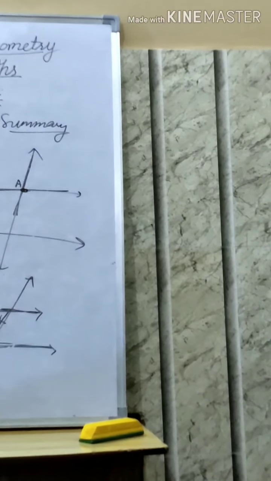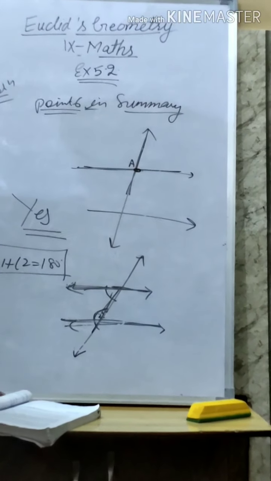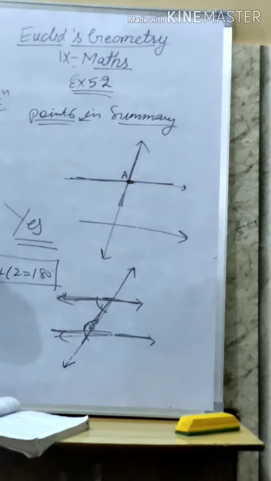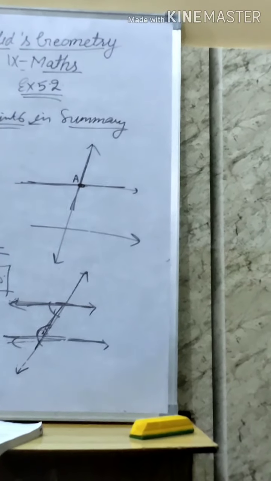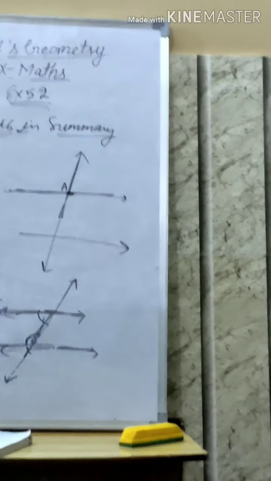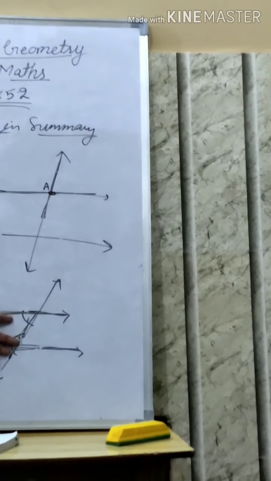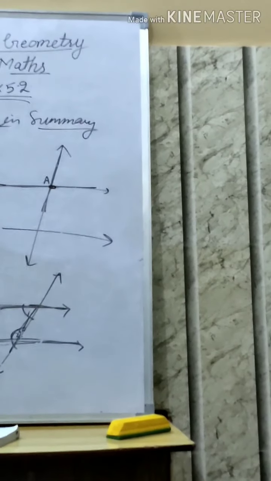So my dear students, he is asking: does Euclid's fifth postulate imply the existence of parallel lines? Yes, this fifth postulate takes the concept of parallel lines, because if the sum of interior angles is less than 180 degrees, then the lines will intersect.